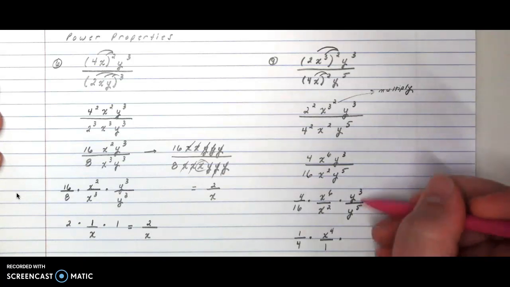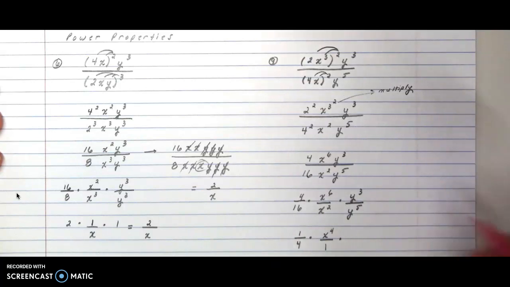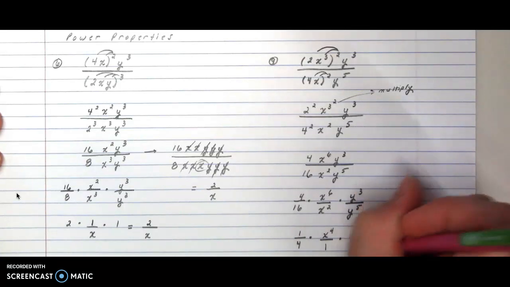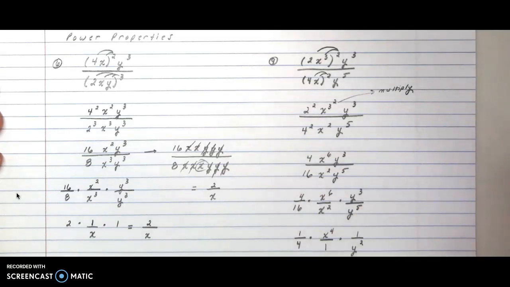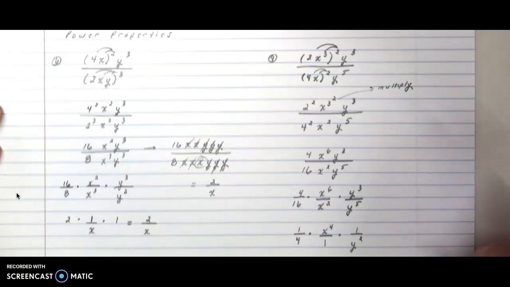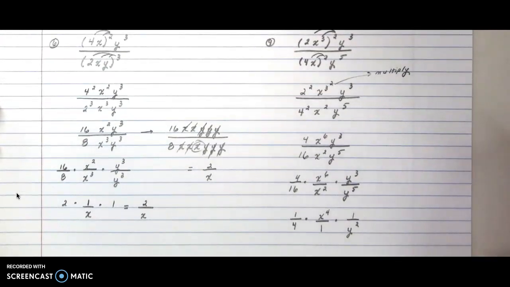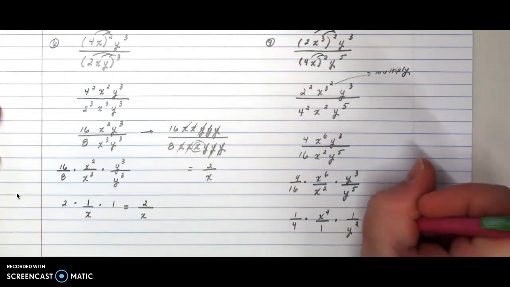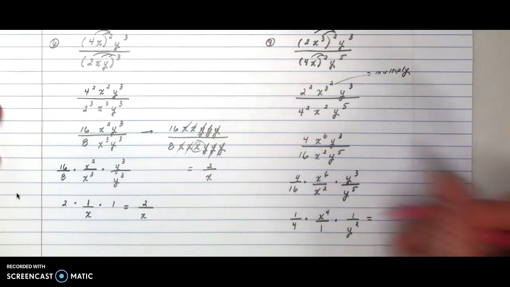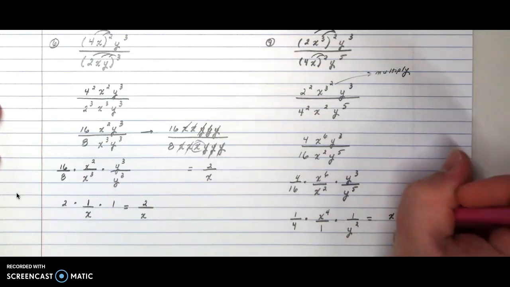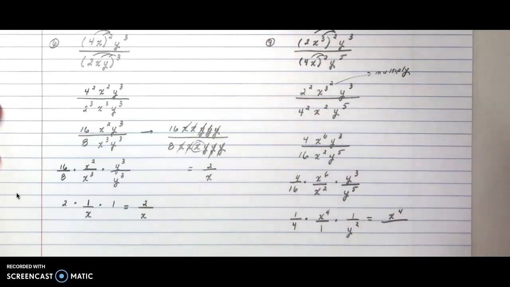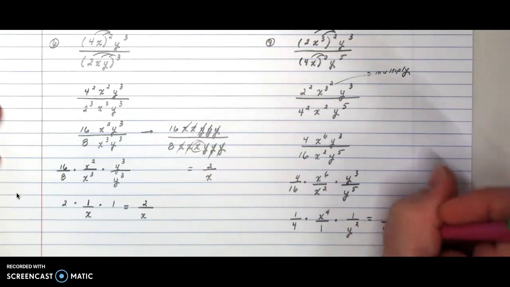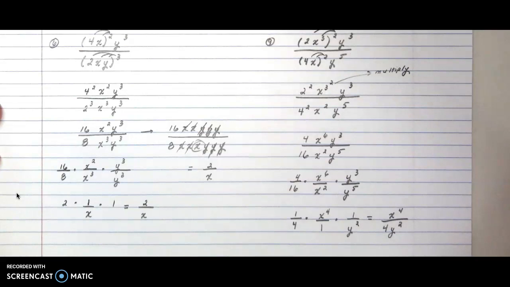Again, if we're playing tug-of-war, the y to the 5th is going to win because it's got 2 more than y to the 3rd. So we're going to have 1 over y to the 2nd power, because there's 2 more, and that stays in the bottom because they win the tug-of-war. And then we just put it all together. So up top, 1 times x to the 4th times 1 is x to the 4th, all over 4 times 1 times y squared, that'd be 4y squared.